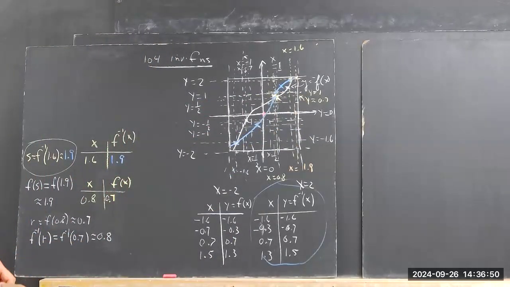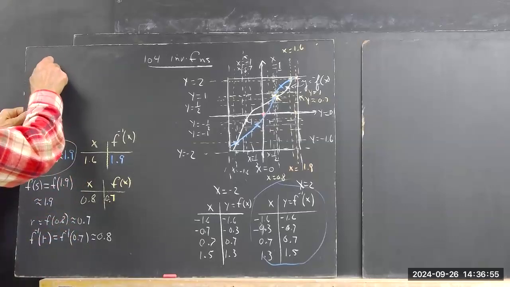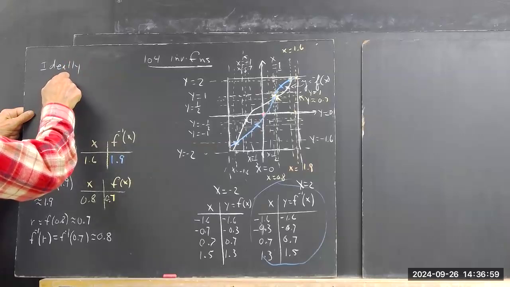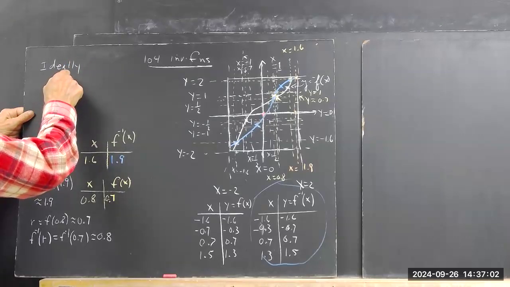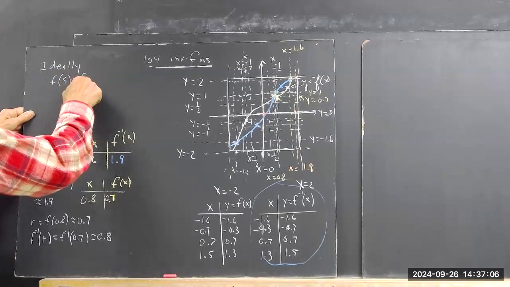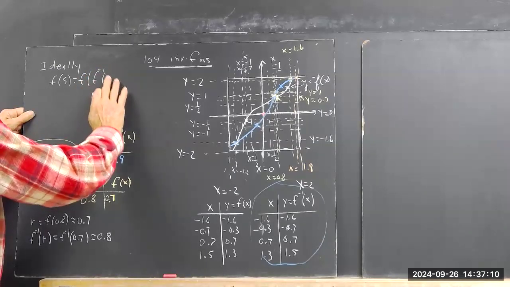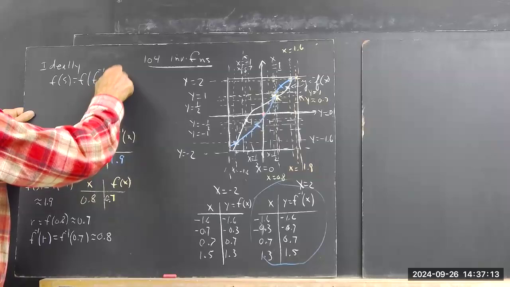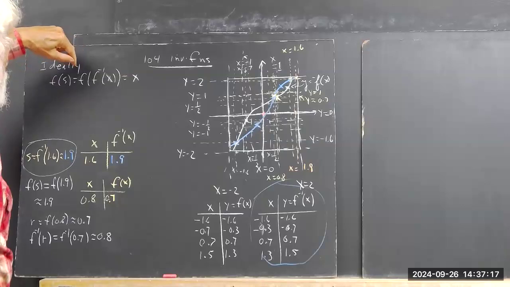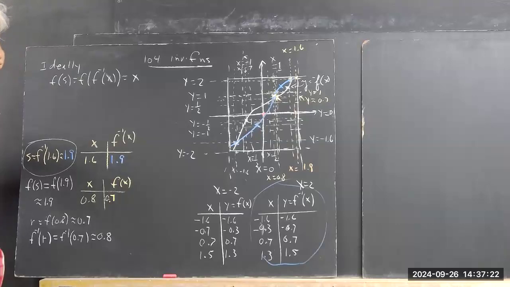Now, what should ideally happen is, you know that when you compose a function with its inverse, you're supposed to get x. Okay.